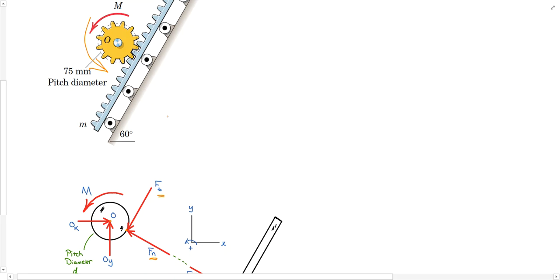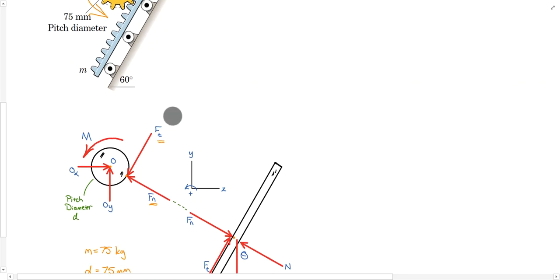Gears do have a radial component of force and a tangential component of force. So I've just called this Fn so that it's thought of as normal to the pitch diameter, and then Ft, which is transverse or tangent. Ft is the result of the rack trying to slide down the incline and turn the gear in the opposite direction.